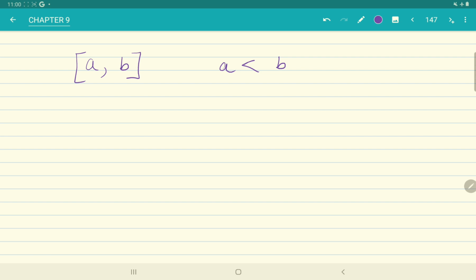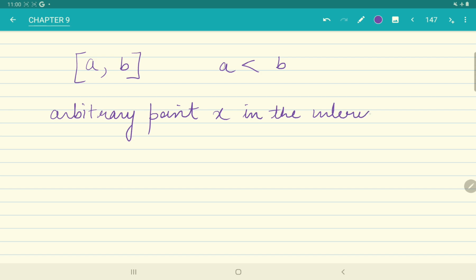And let's say I take up any arbitrary point x in the interval a to b.